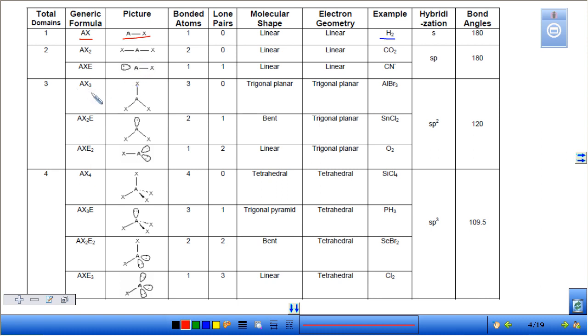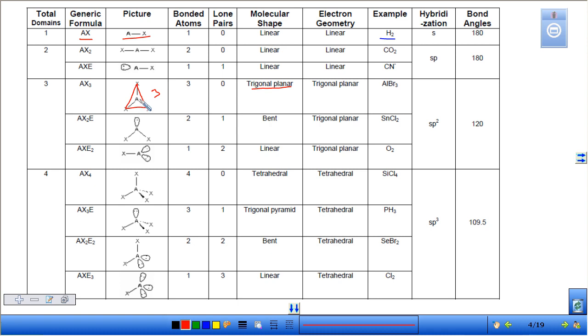When we move on to an AX3, we have three things bonded to the A in the center, and that gives us what's called trigonal planar. The triangle goes between the three X's. If you were able to spin that in three-dimensional space, it would stay flat. One of the other things to look for is the number of valence electrons, which would typically be 3 for this central atom.